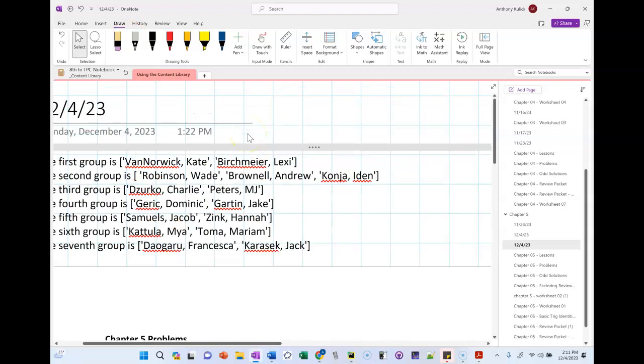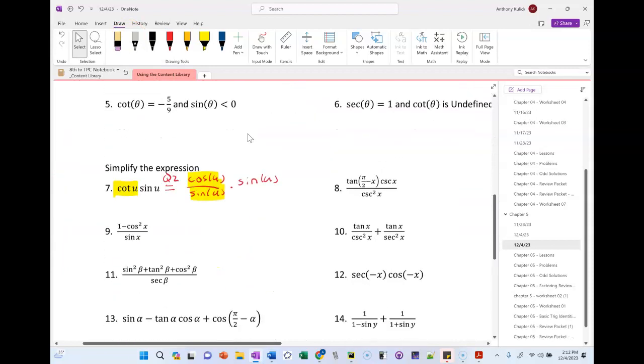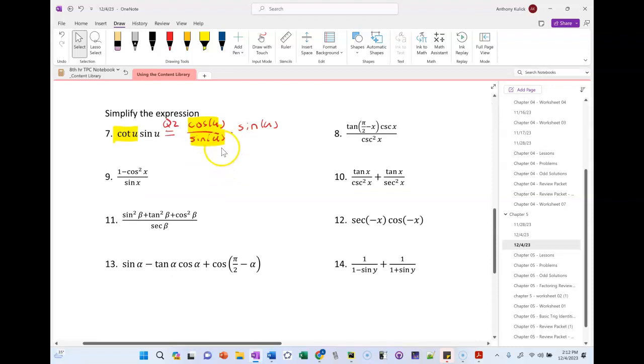Let's see. Wade, Andrew, and Iden. What should we do next? Algebra or identity? Algebra. Okay, great. What algebraic thing would we want to do here? So I would say, let's think about sine u as sine u over 1. And since that's multiplication there, what can we do?